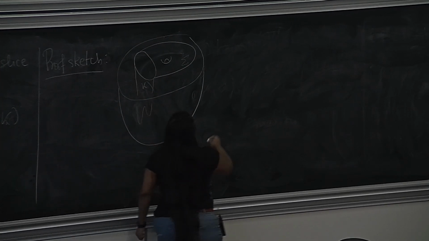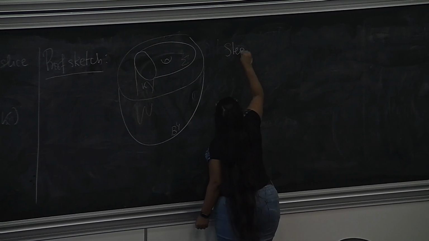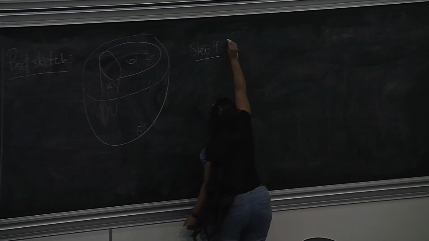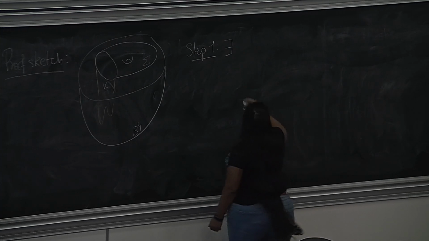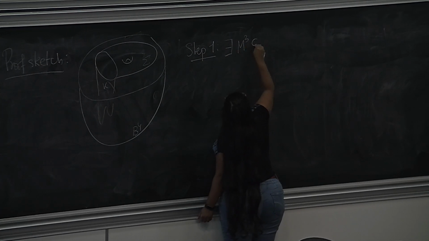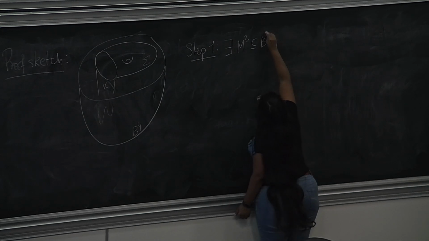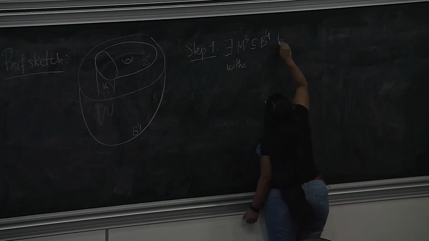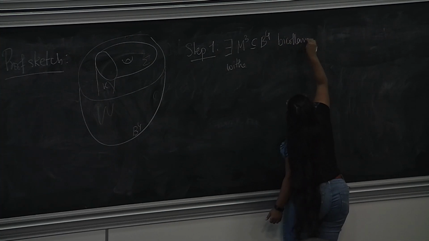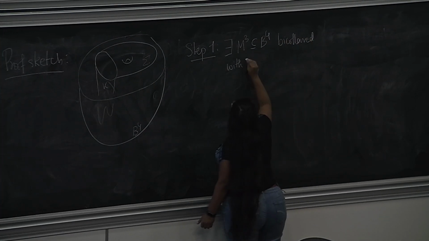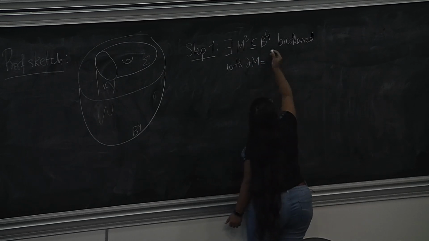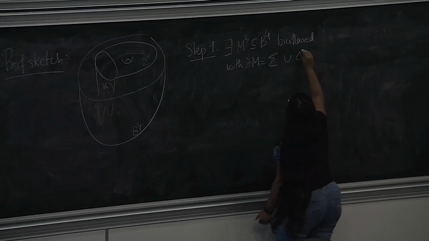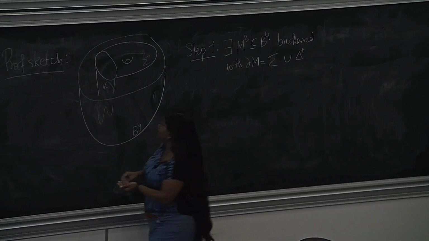The first step of the proof is there exists a 3-manifold, M3, sitting inside of B4, which is bicoloured, with boundary equal to the union of sigma with a little push-off of this disk delta.